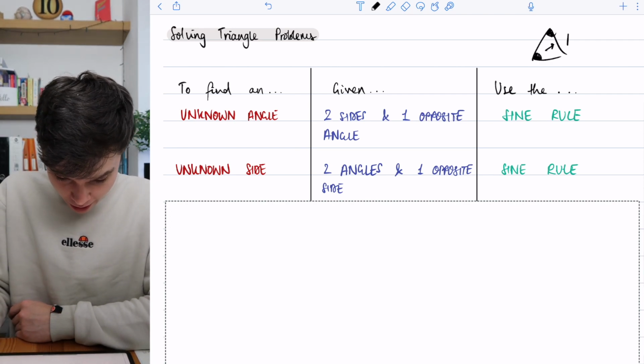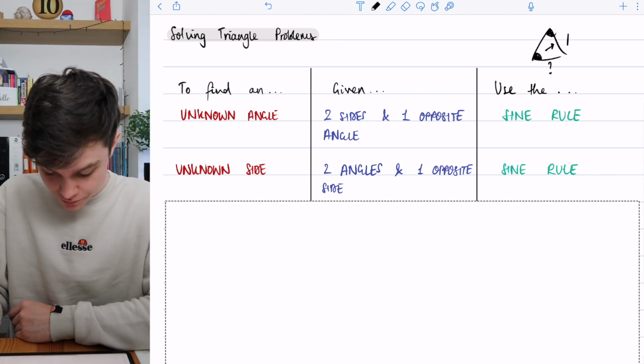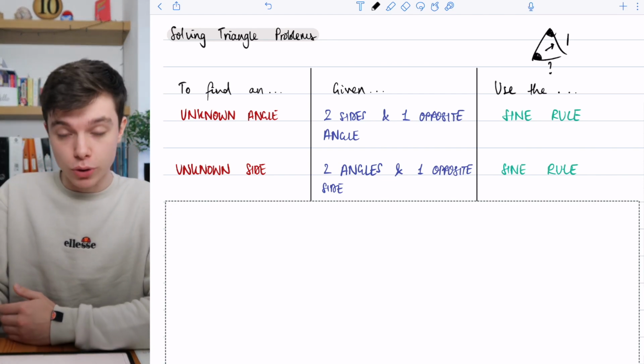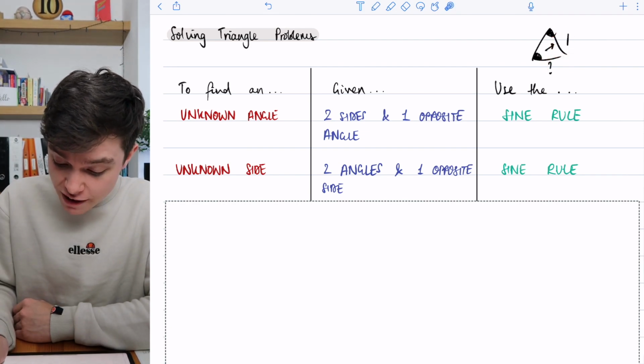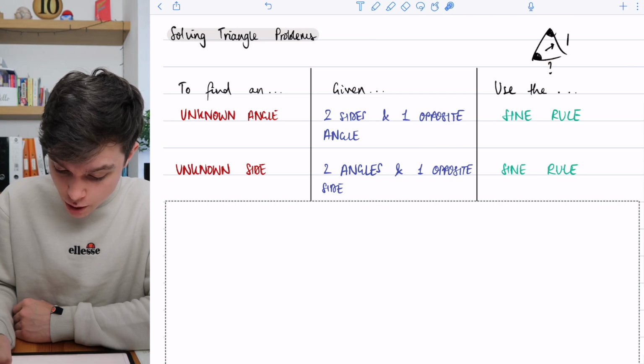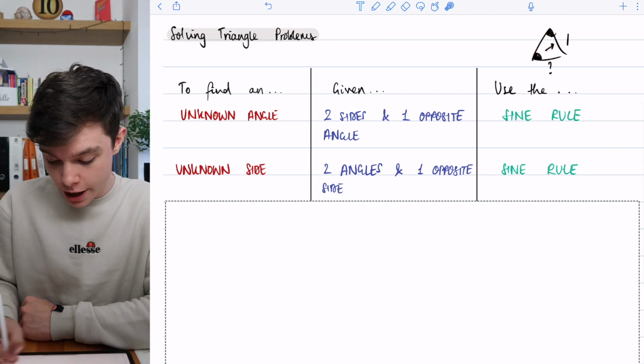And we want to work out an unknown side, so we want to work out this side here, then we're going to use the sine rule, because we have one side we know and a side that we need to find. We have two angles, and one of those angles is opposite the side we know.